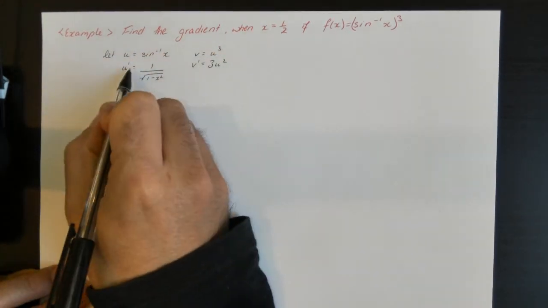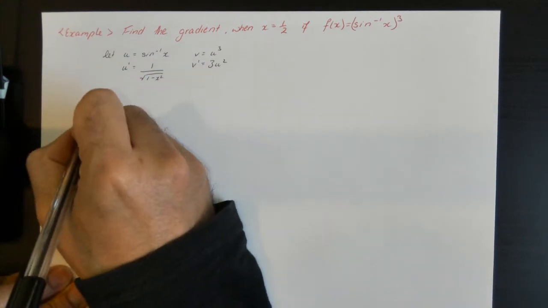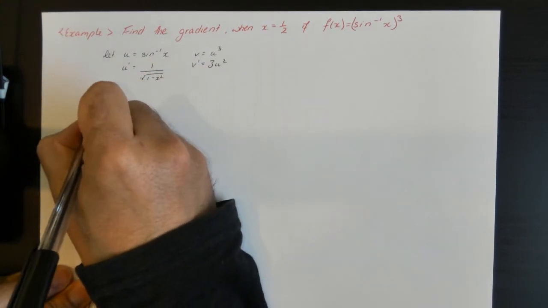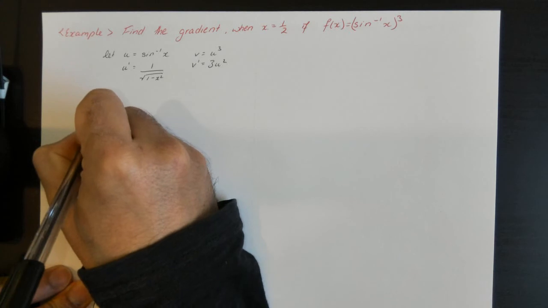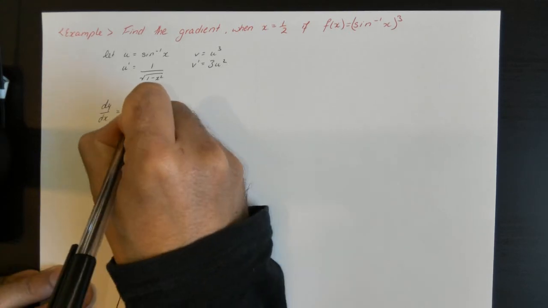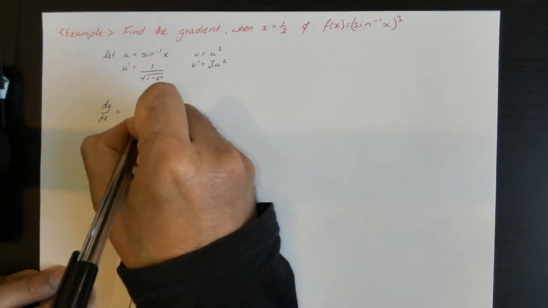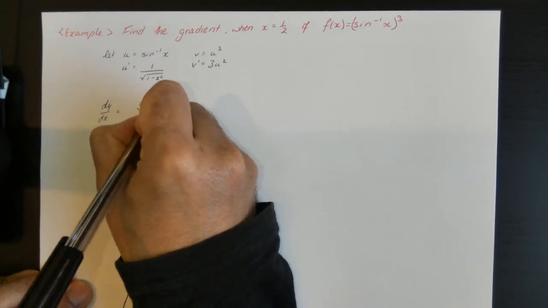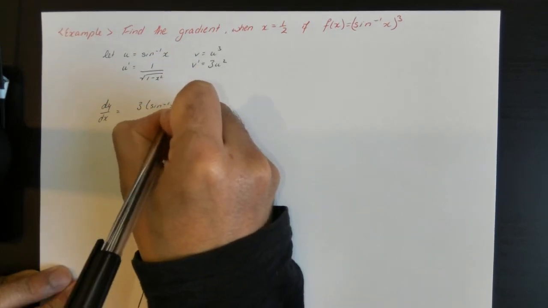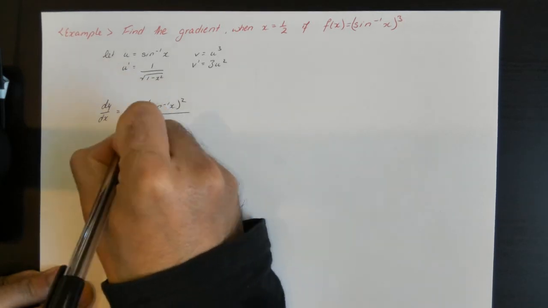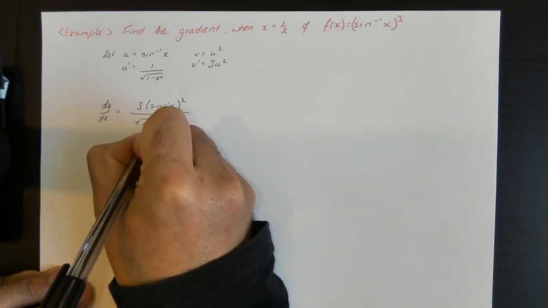It's the chain rule, so multiply v dash with u dash, so dy over dx is 3 lots of u squared on the top, but u is inverse sine x, all over the square root of 1 minus x squared.